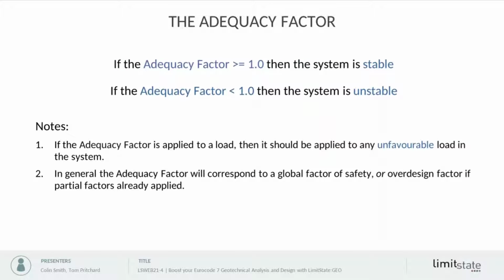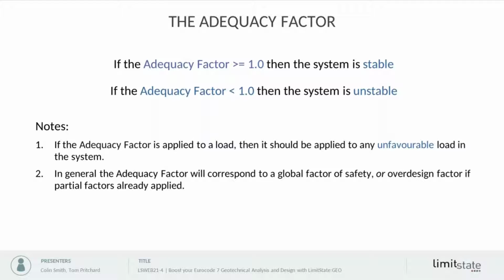What's important here in terms of Eurocode, and we'll come to this in a little more detail in a moment, is that if the adequacy factor is bigger than 1, the system is stable because we've had to increase a load or decrease a strength to get it to collapse. If it's less than 1, then the system is unstable because the load is already too big and has to be reduced, or the strength is too low and needs to be increased.